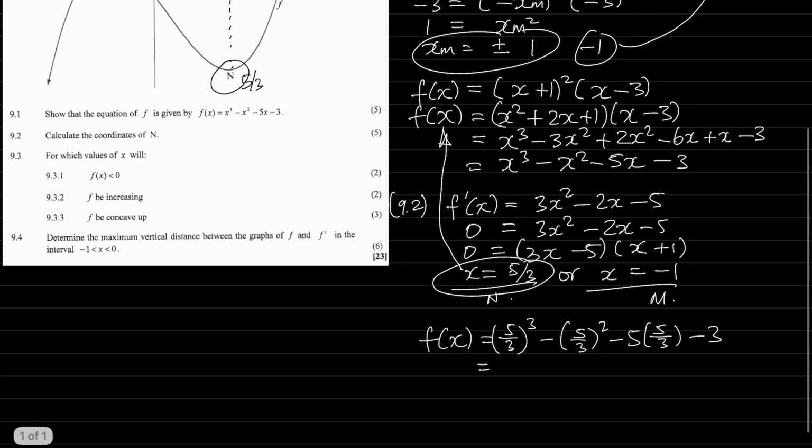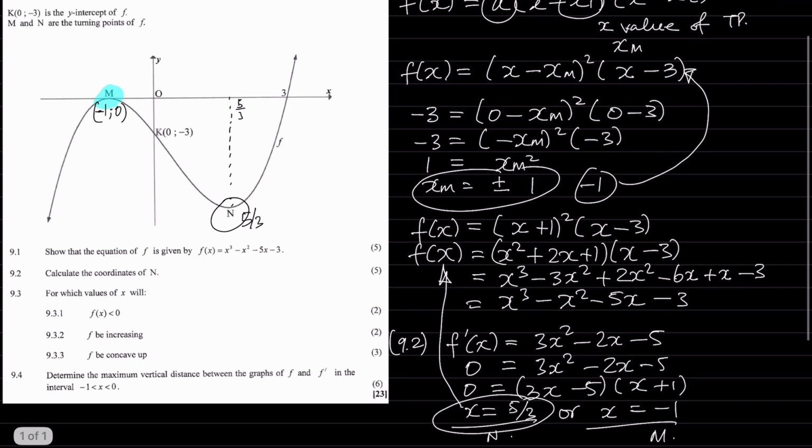And you put that in your calculator, of course, that's going to give you a value of minus 256/27. So we can write that coordinate down right here at n. So 5/3 and then minus 256/27.